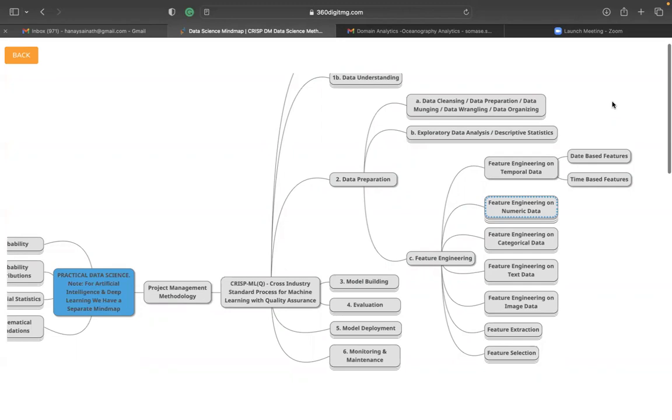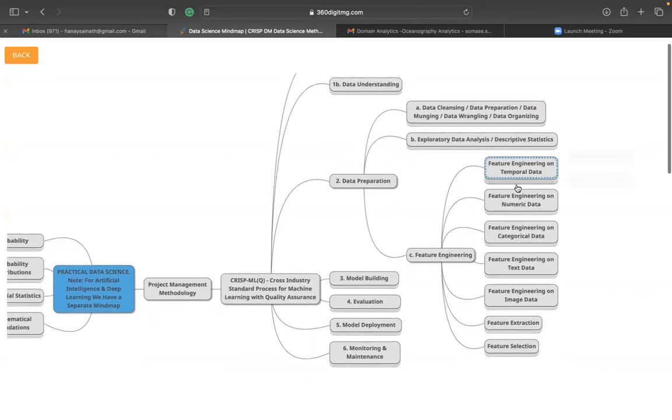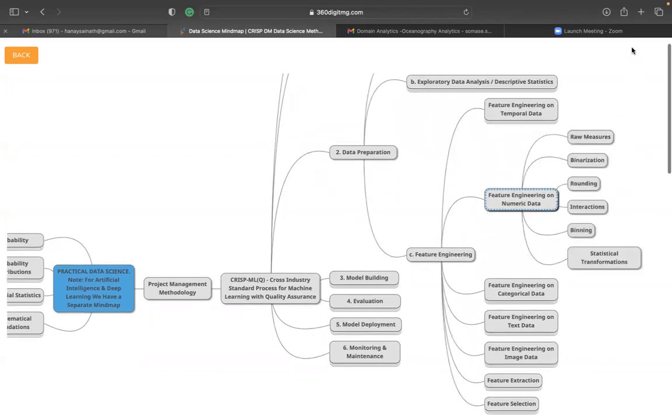Then we have feature engineering on the numerical data. Here we can see raw measures, interactions, binarizations, rounding, binning, and we can see statistical transformations also.